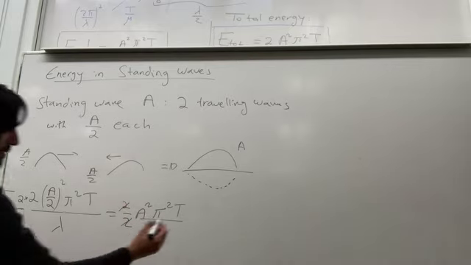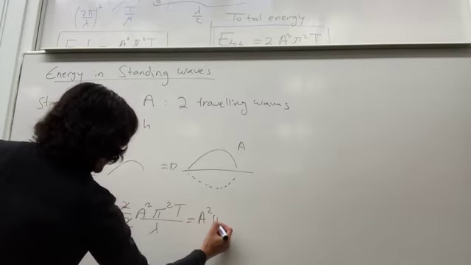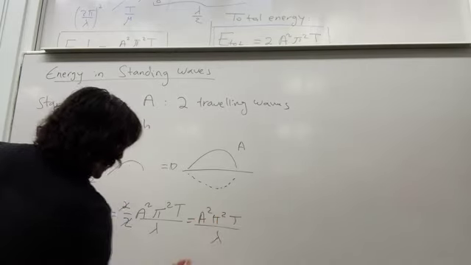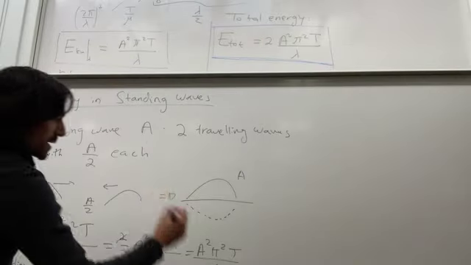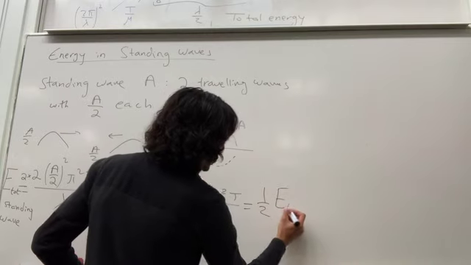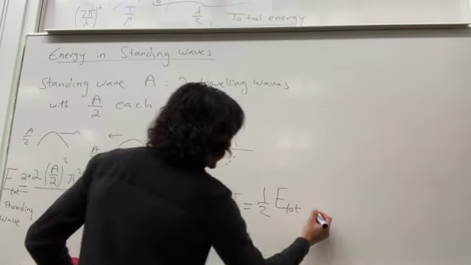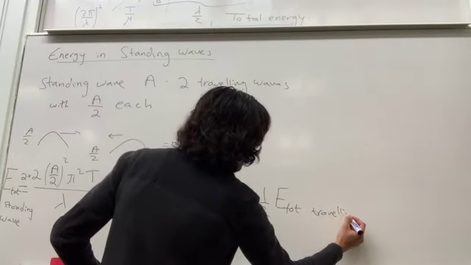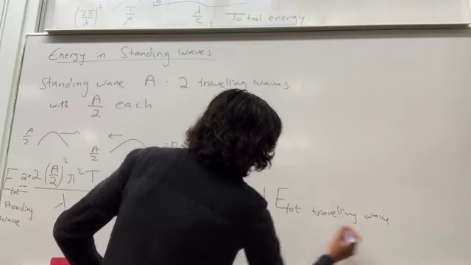So what we get is A squared pi squared t over lambda, and that is exactly half of the total energy in the case of a traveling wave with amplitude A.